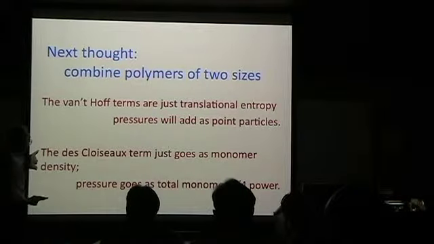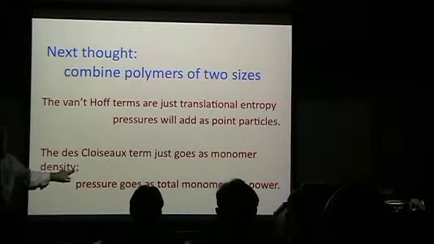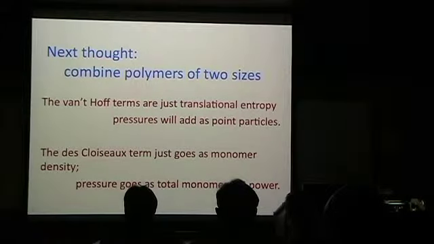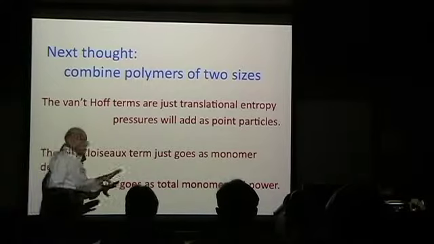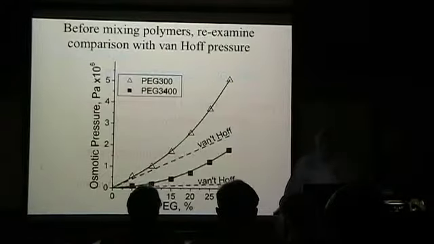But this term is not going by which polymer it is. It's just saying what the monomer density is. So there are two kinds of things going on here. Is that clear? Obvious? So you'd have two kinds of things combining in different ways.